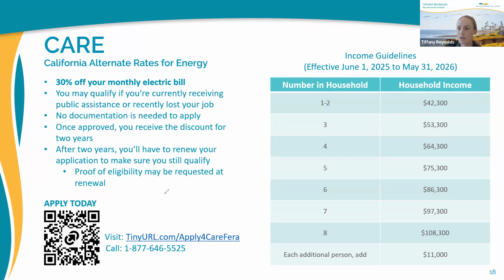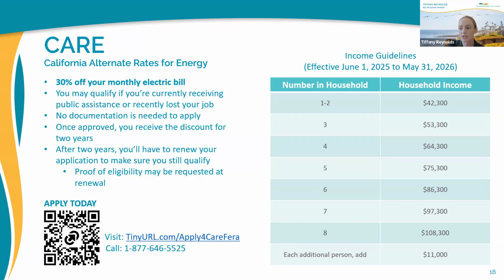The first one is called CARE, or California Alternate Rates for Energy. And this is 30% off your monthly electricity bill. You may qualify if you're currently receiving public assistance or recently lost your job. No documentation is needed to apply, and once approved, you will receive the discount for 2 years.